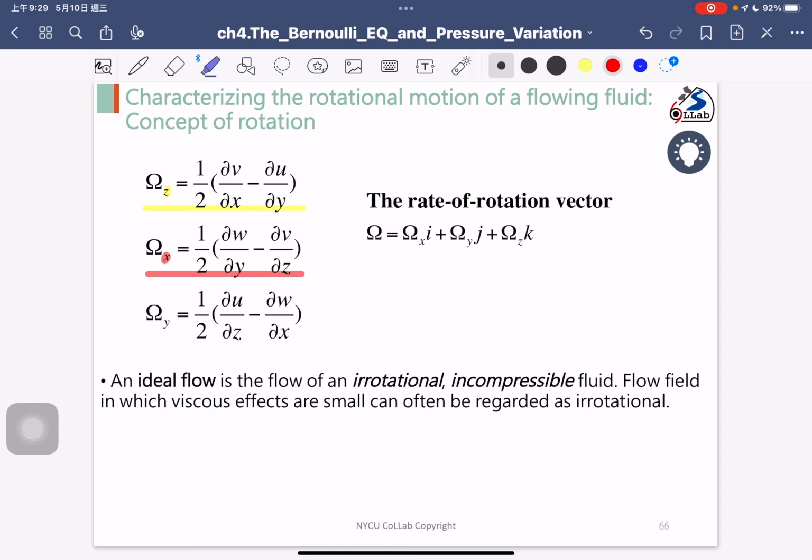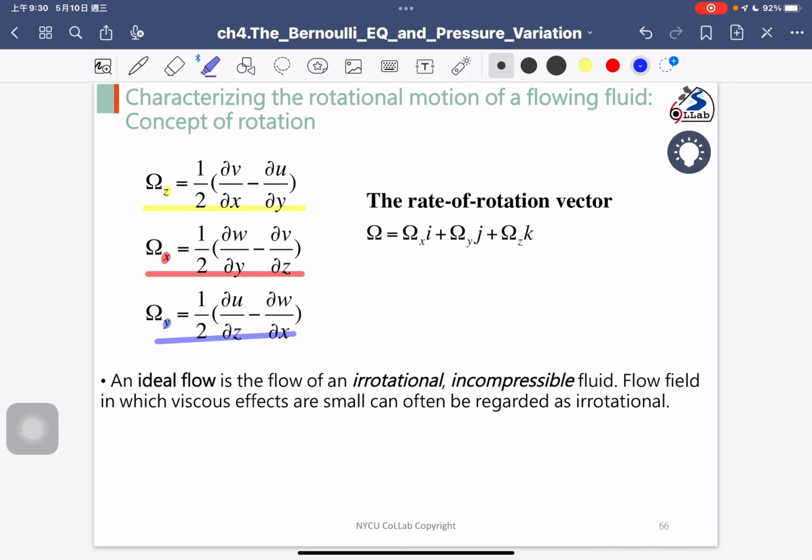And if we change the rotation axis to the y direction, the rotating rate equals du dz minus dw dx.